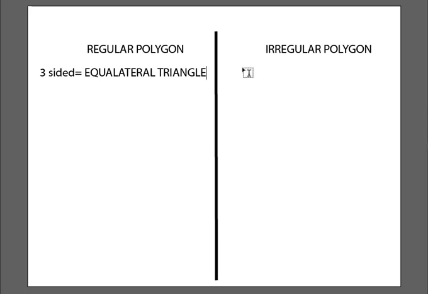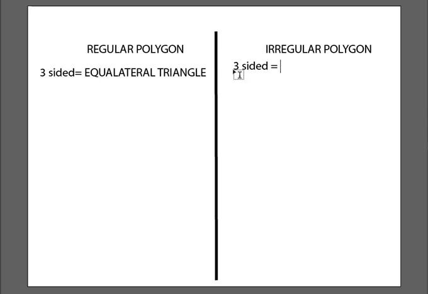Now, when we look at irregular polygons, a 3-sided irregular polygon is known as what? It's got many names. We have got probably 2 that we know.